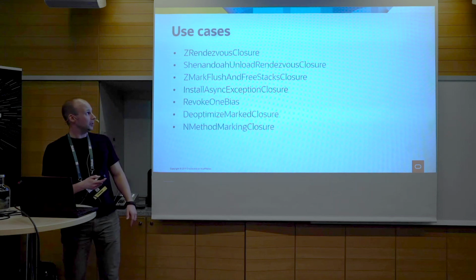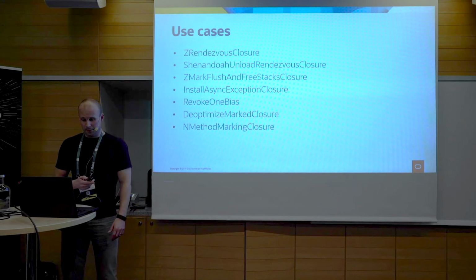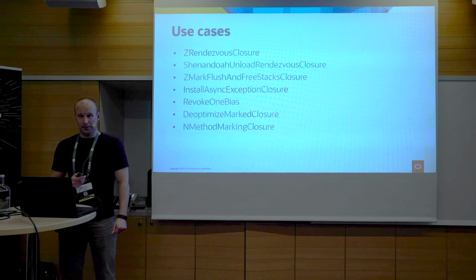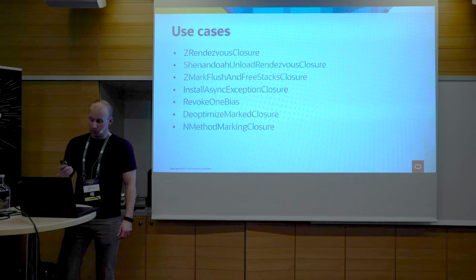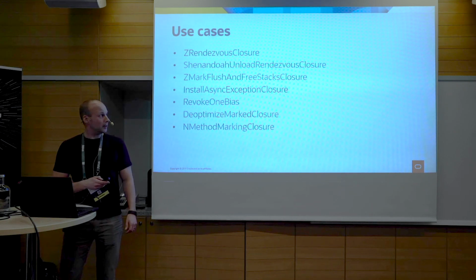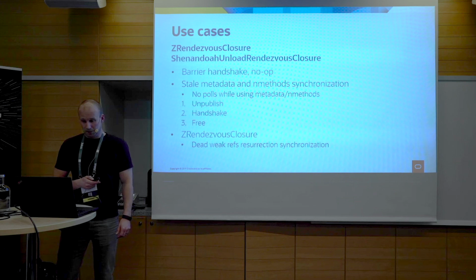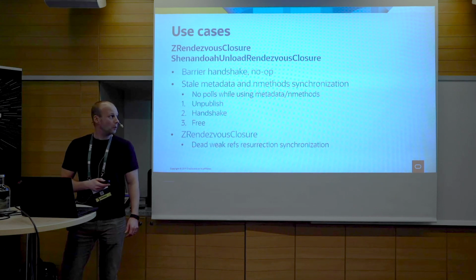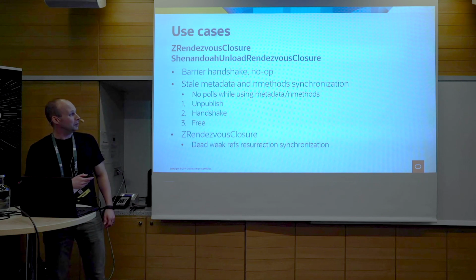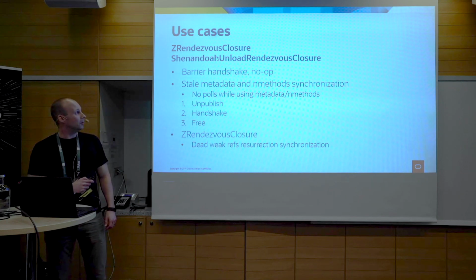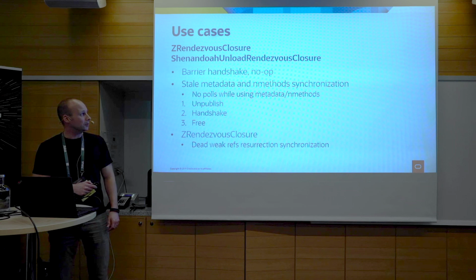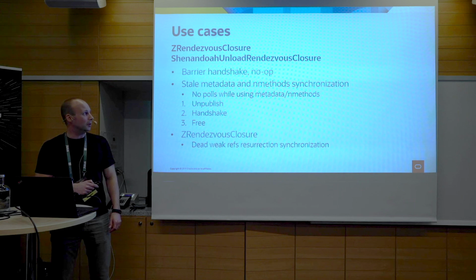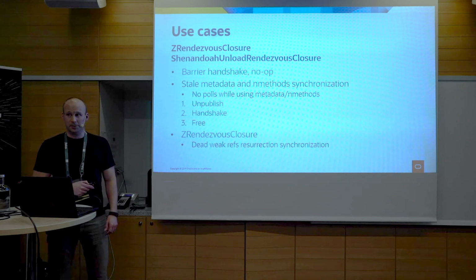So I jump to use cases. These are the ones we have right now. There are some future ones which I will show. So you have the GC ones. They're not identical, but they are both used for nmethods. I'm not sure if Shenandoah also uses this one for metadata or if it's only nmethods.